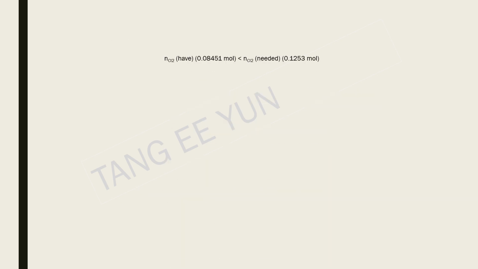In step 3, we compare the number of moles that we have with the number of moles needed in a reaction. In this question, we already calculated in the first step that the number of moles of chlorine that we have is 0.08451 moles, and this number of moles of chlorine gas that we have is less than the number of moles of chlorine gas needed in a reaction, which we have calculated in step 2.